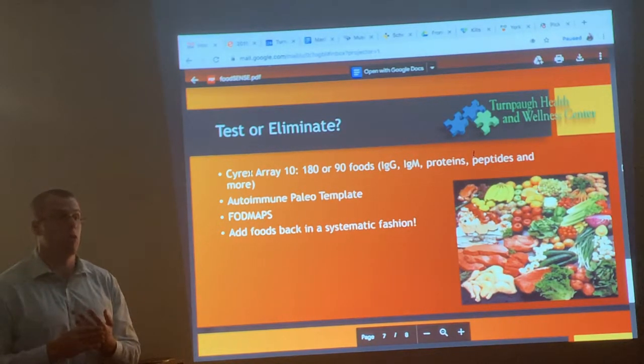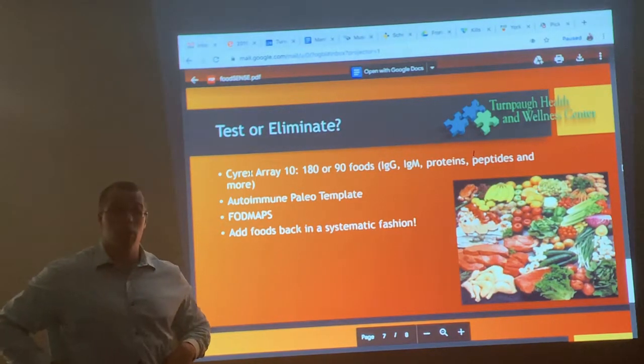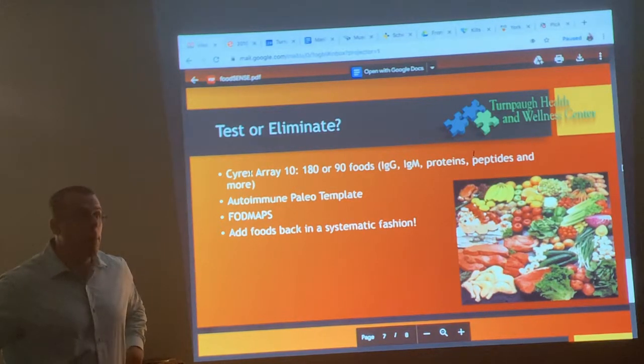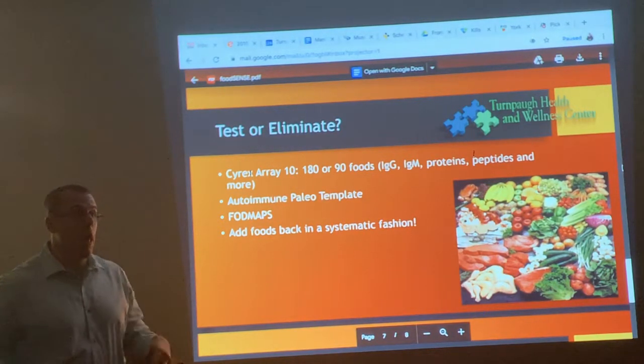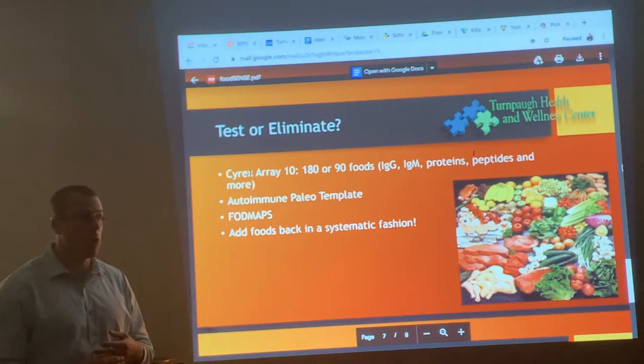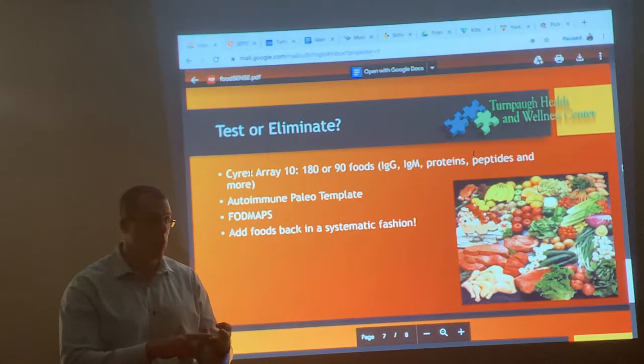It depends on the practitioner's methodology. It may be an allergist who's really on top of their game, and they may run a Celiac array 10, but a lot of the time it will typically be an IgE test. It's typically what they're going to run to make sure you don't have an allergic reaction and an anaphylactic response.